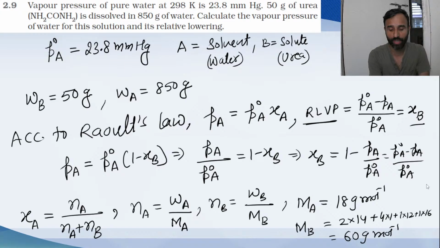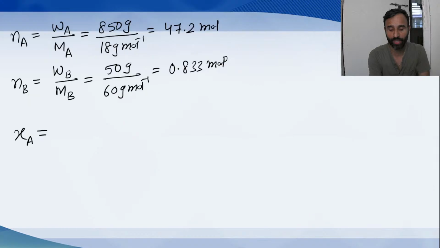So from NA and NB, we can calculate XA, because we need XA as well as XB. So you can calculate XA or XB. So XA equal to 47.2 divided by 47.2 plus 0.833.